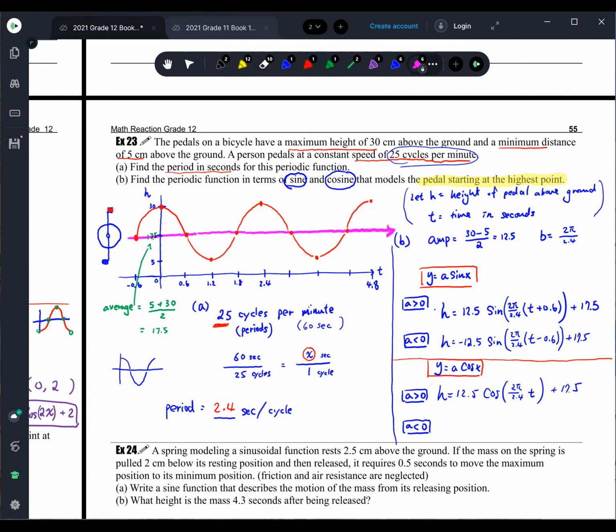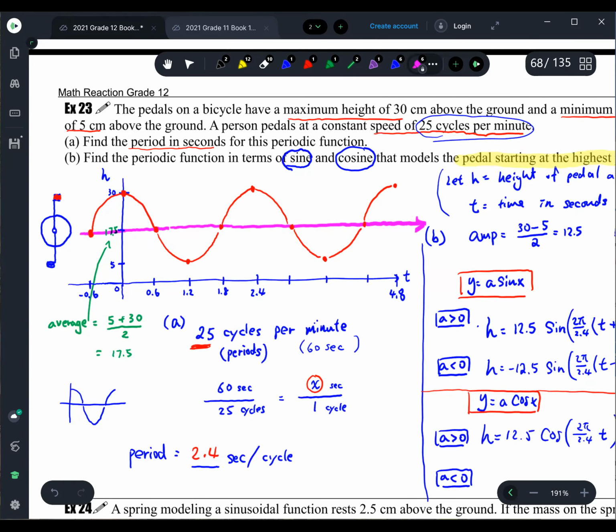Okay, Philip, where do you put the axis? Cosine with a reflection. Please draw it on the screen.